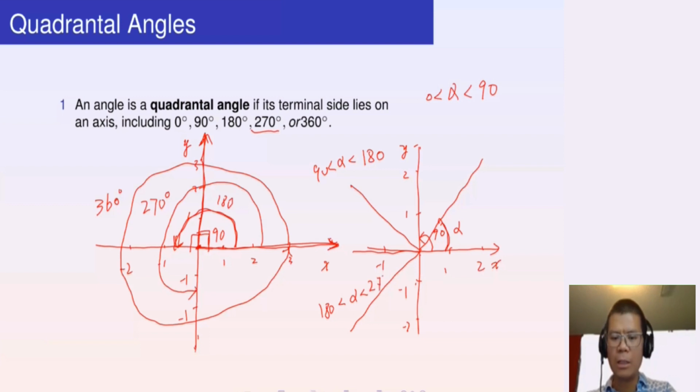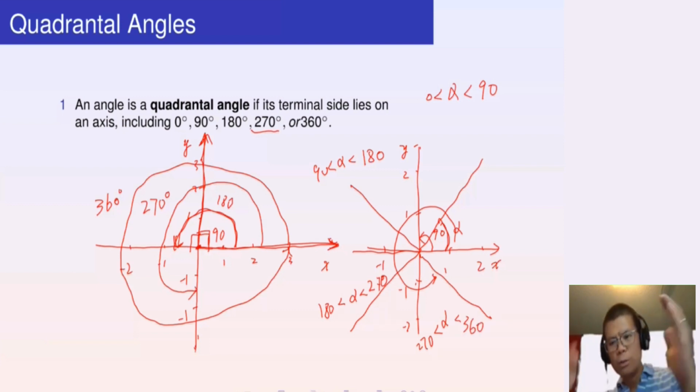Now, finally, if it is in this quadrant and it goes counterclockwise to here, then this alpha is going to be greater than 270, but less than 360. Yes, right?